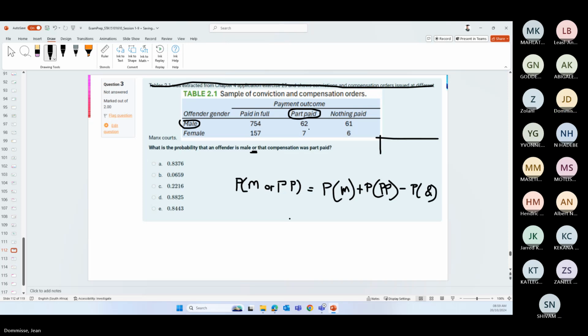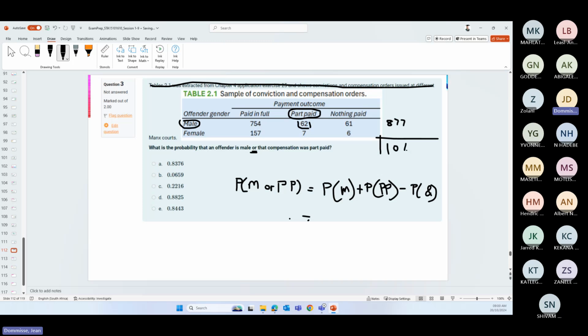So that component. So I would then say probability of male. So that's 754 plus 62 plus 61. Sorry, it's 877. Let's just add all of these together to get a total, plus 157 plus 7 plus 6.